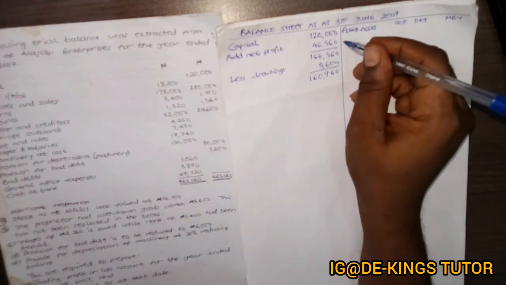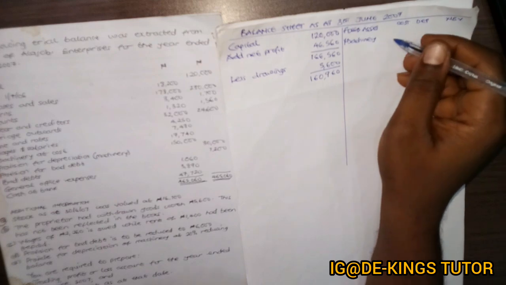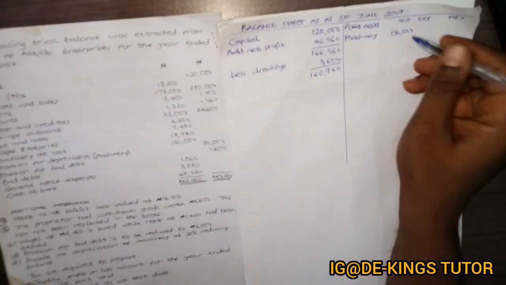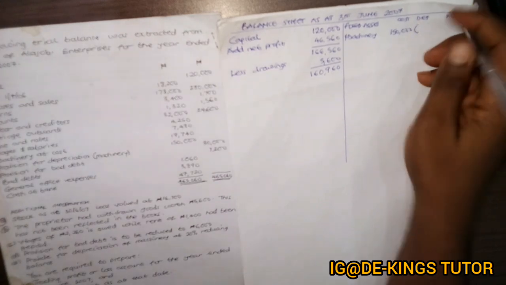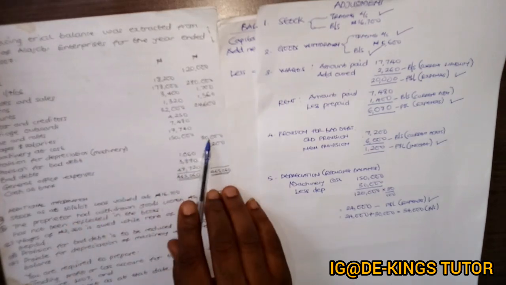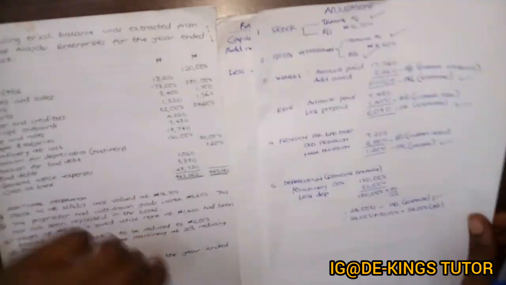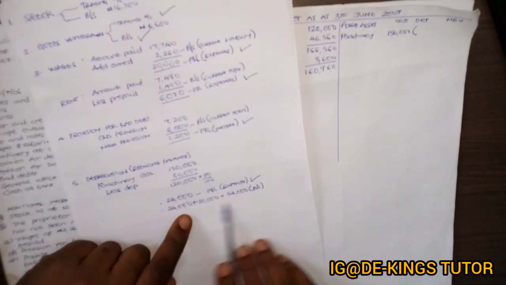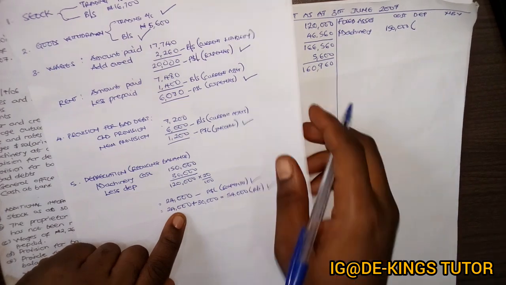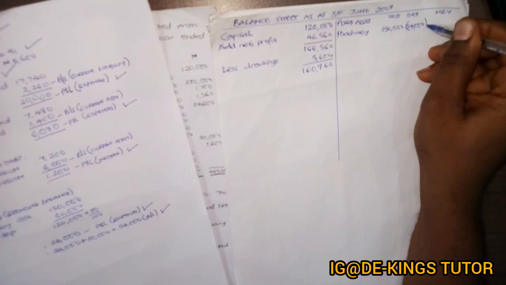Machinery is 150,000. Now what is depreciation? We had the previous depreciation and we calculated one here. Look at the depreciation that is coming to the balance sheet, 54,000. It is appearing two times again.